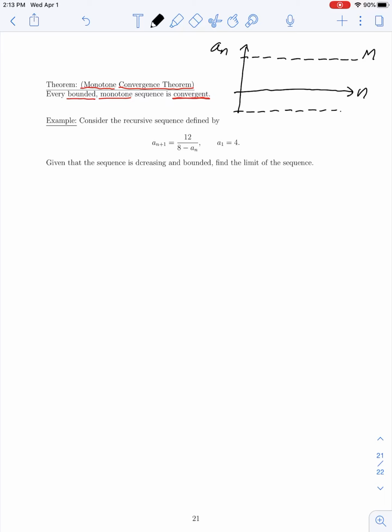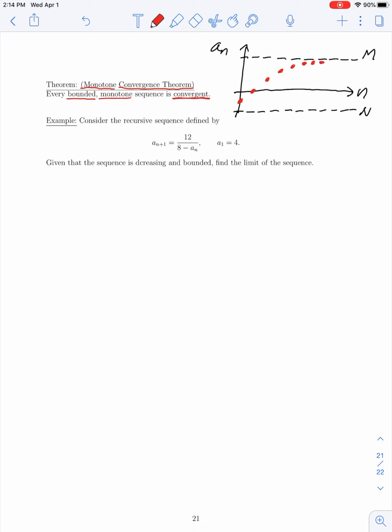Here, if our sequence is bounded, that means that it must have both an upper bound, that is some number capital M, which we never fall above, and a lower bound, some number capital N, which the terms of our sequence never fall below. So if we have a bounded sequence which is also monotone, that is either increasing or decreasing, we're guaranteed it converges. So let's think about why.